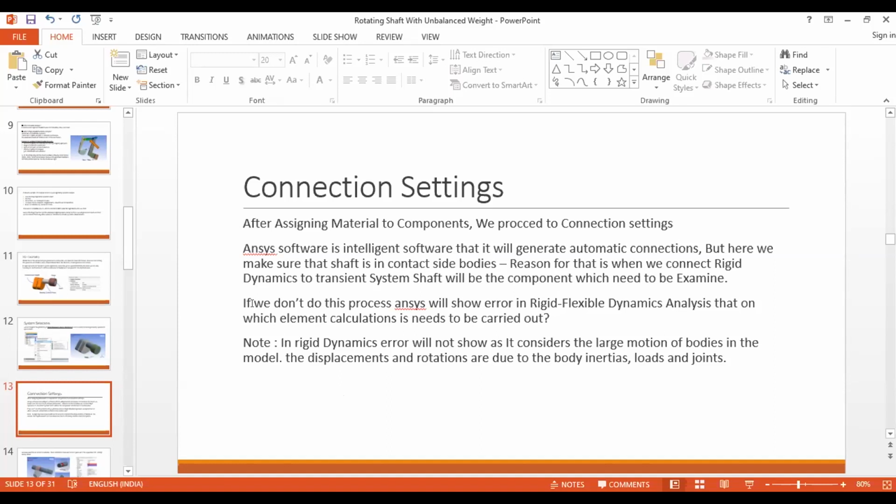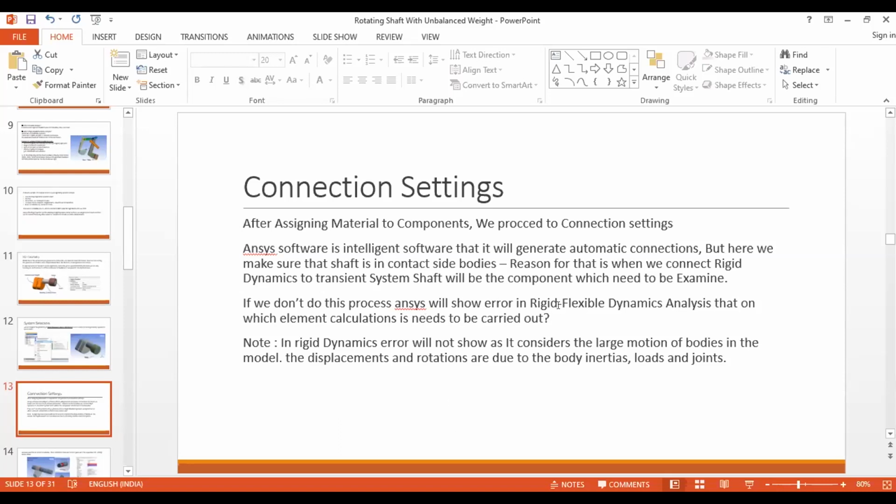So what if we don't put the shaft in contact side bodies? If you don't do this process, ANSYS will show an error in rigid flexible dynamics analysis, asking on which element calculations need to be carried out. It will ask you on which element I should proceed to calculate any stress or displacement.